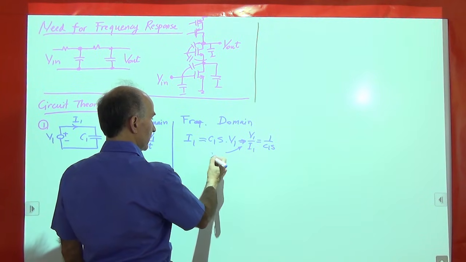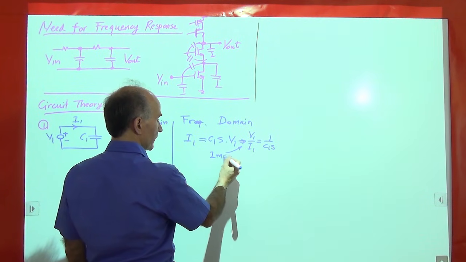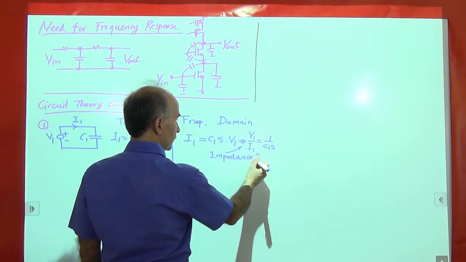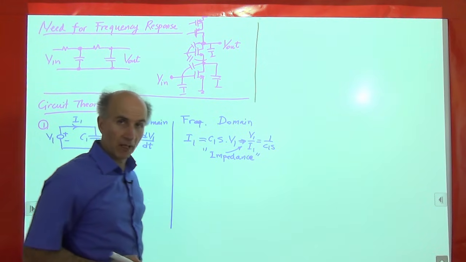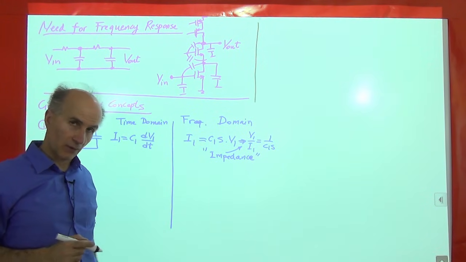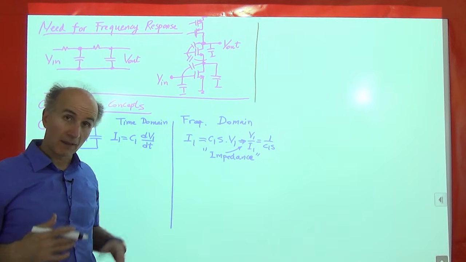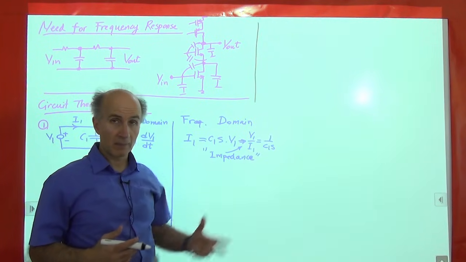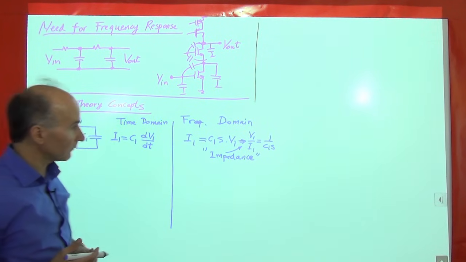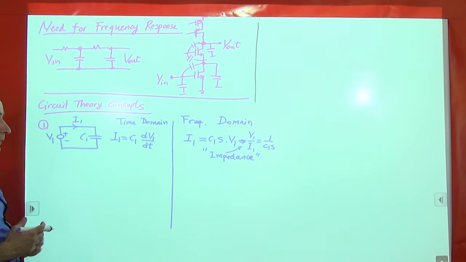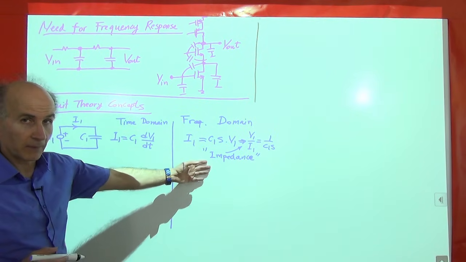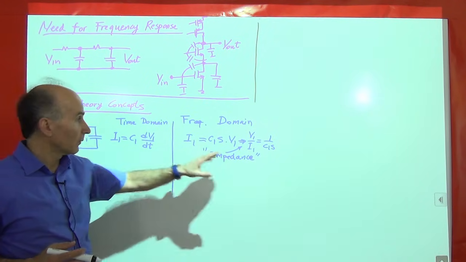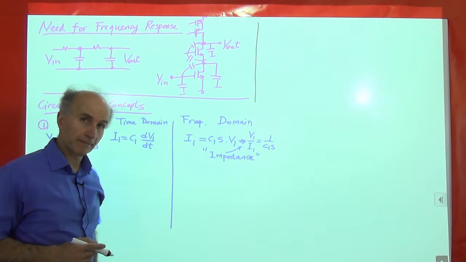It's similar to resistance, except that it applies to reactive devices such as capacitors and inductors. In that sense, it satisfies Ohm's law because V over I is some linear impedance. So that's what we have learned from basic circuit theory. In the frequency domain, we can characterize the capacitor by this type of impedance.